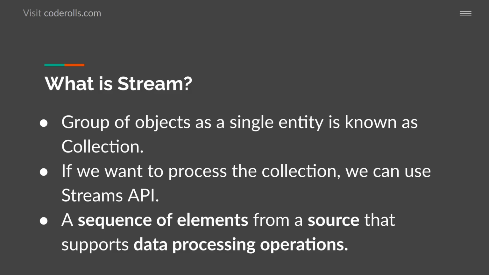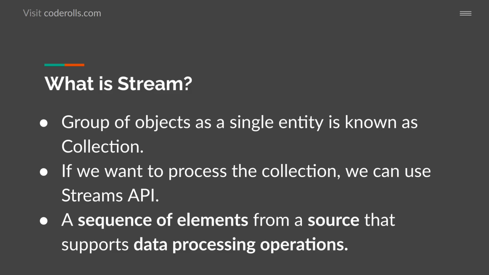A sequence of elements means the Java Streams API will provide an interface over a collection where we can access elements in sequence from a source. Now what does the source mean? That sequence of elements is coming from some source, right?